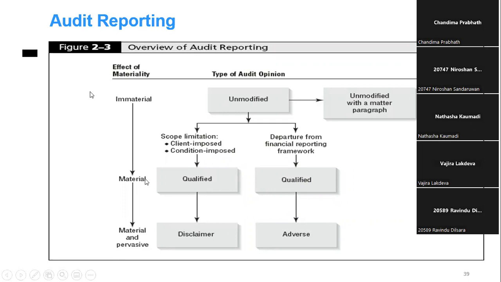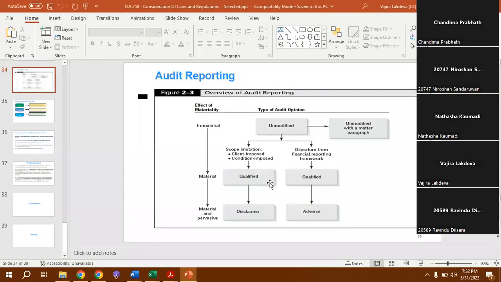If it is material but not pervasive, qualified. If it is material and pervasive, disclaimer or adverse, depending on the circumstances under which modification is made, whether it is due to a scope limitation or the financial statements are materially misstated. When you do the auditor reporting standard, you will discuss this in greater detail.